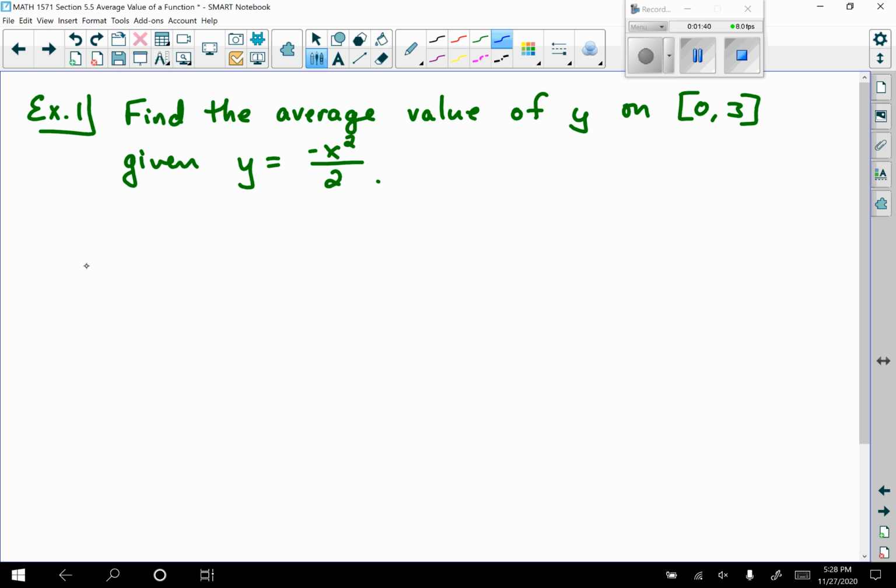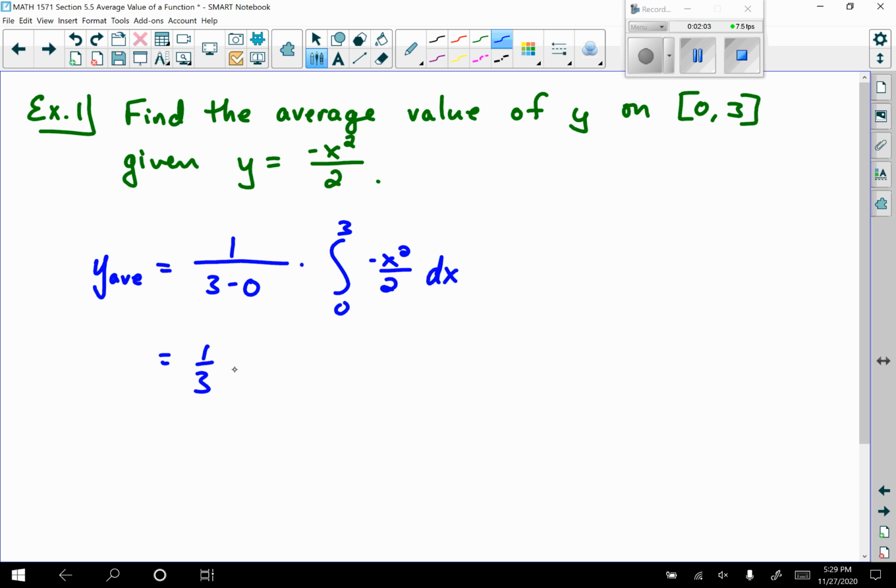So again, how we want to denote this, the average y value is going to be 1 over b minus a. So b is 3, so we're going to say 3 minus 0 times the integral from 0 to 3 of f of x, which is just negative x squared over 2 dx.